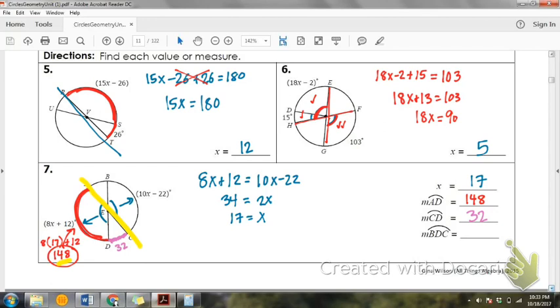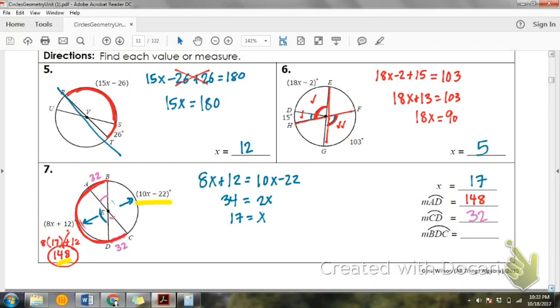Okay, so then lastly, it wants from B to D to C. Well, also, if this down here is 32, then we know the arc AB is also 32 because they're vertical angles, right? So the last one is asking us from B to D to C. So that's everything except this angle over here.